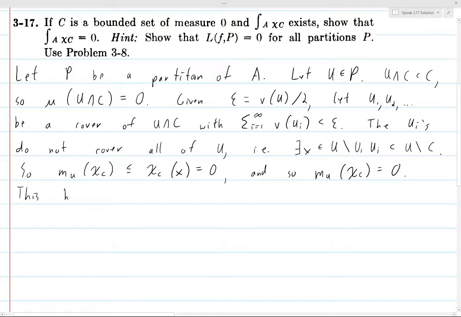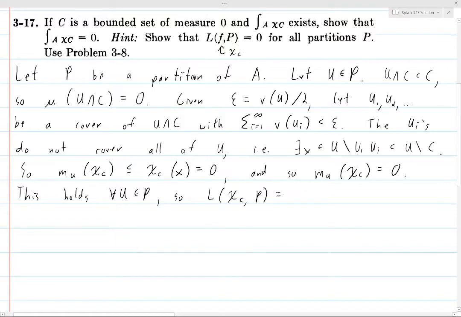Now, this holds for every rectangle U in the partition P, so the lower sum of chi C and P. By the way, this F is obviously chi C. They must have just not replaced it there. No big deal.